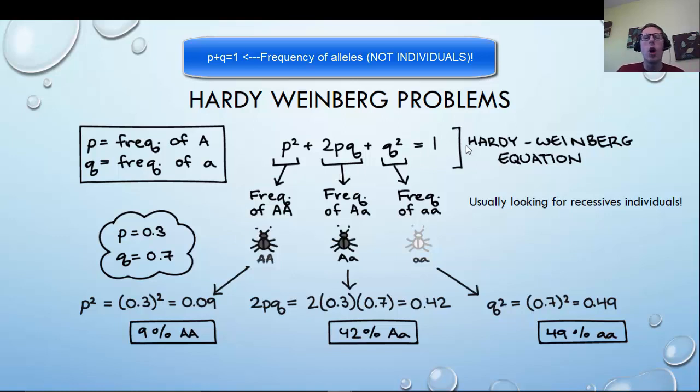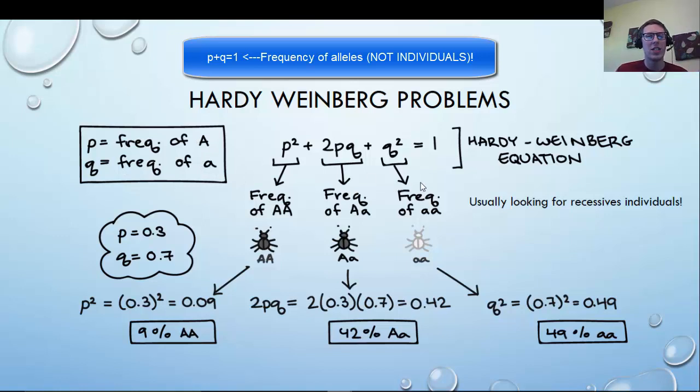Hardy-Weinberg problems. You are going to see a Hardy-Weinberg problem, and we've done a little bit of review in class, but I want to give you the key to success on all of these. The number one thing to remember is you have two equations. You have P plus Q equals 1, where P is the frequency of the dominant and Q is the frequency of the recessive.